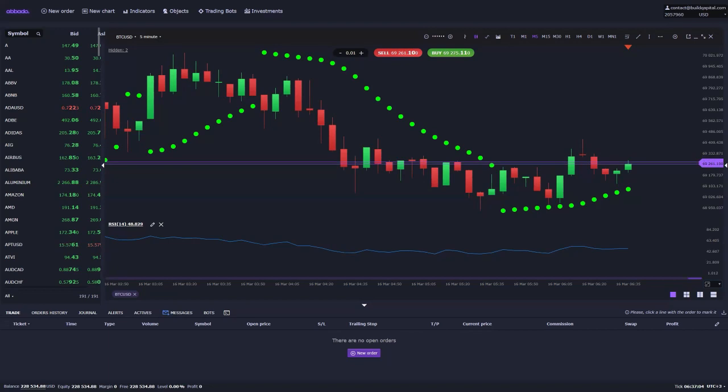You have to master some pairs before you try to just go and open entries on all sorts of different pairs. So stay focused, don't get overwhelmed, stick to 2 to 3 pairs, and really just master them.